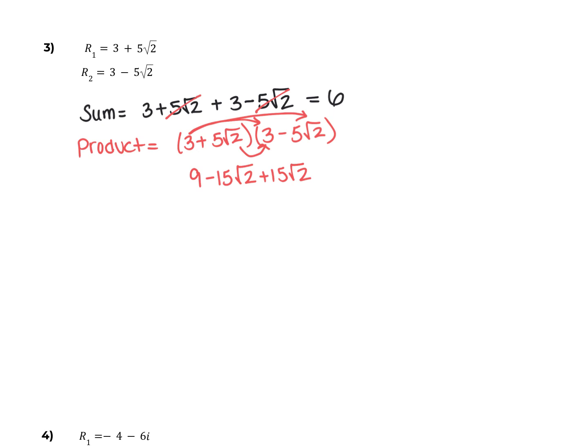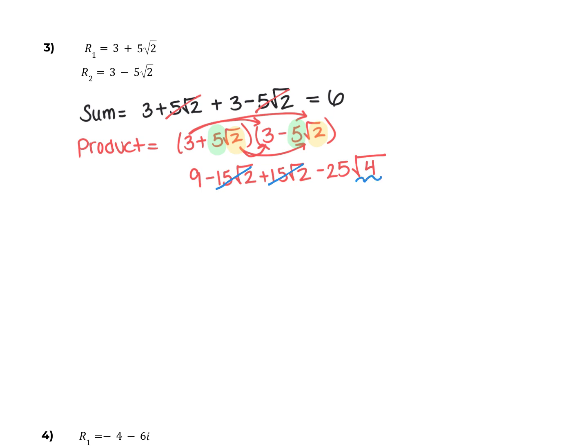And then we're going to multiply 5 radical 2 by negative 5 radical 2. And the way that you multiply those, you multiply the outside with the outside and the inside with the inside. So 5 times negative 5 gives me negative 25. And then 2 times 2 is in the inside, so that gives me 4. So to simplify this, you should notice that negative 15 radical 2 and positive 15 radical 2 will cancel.